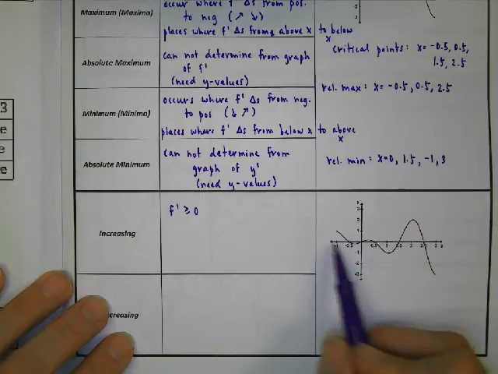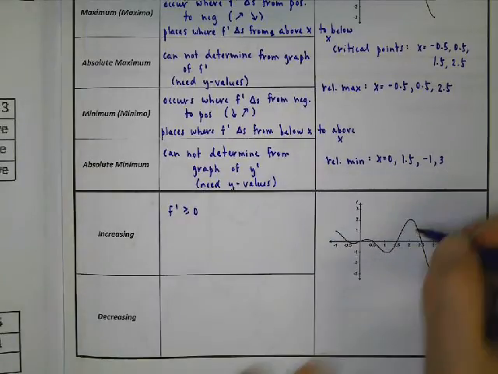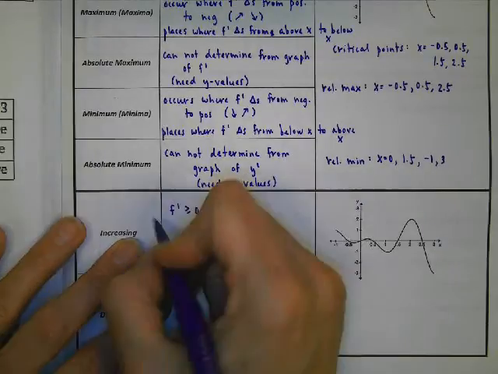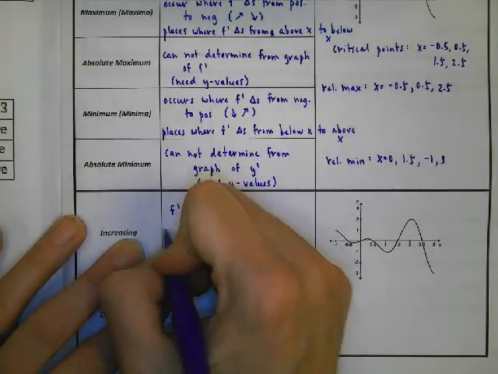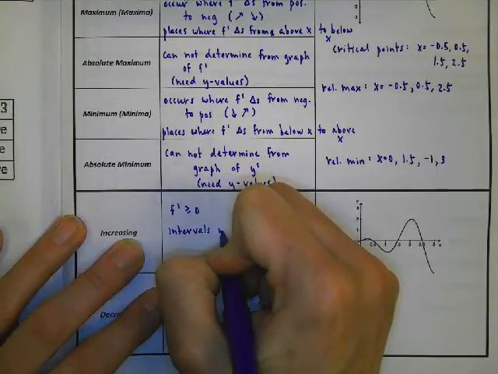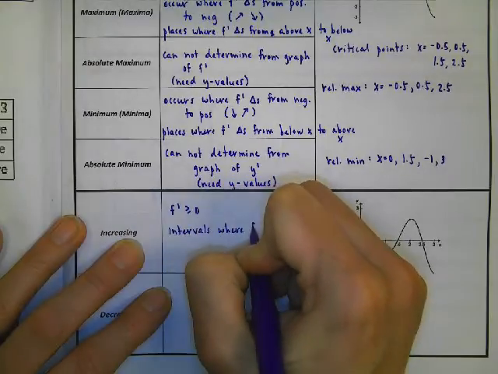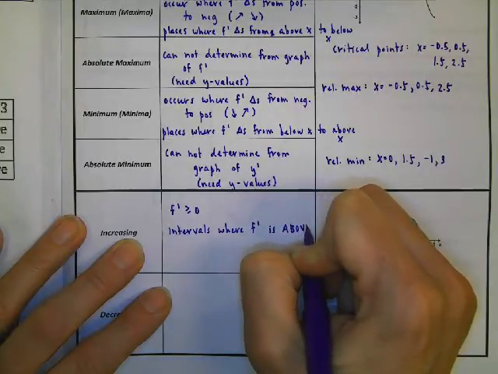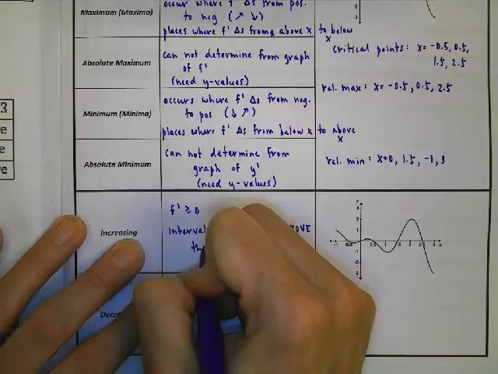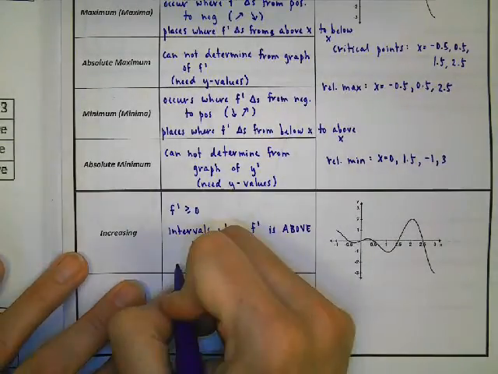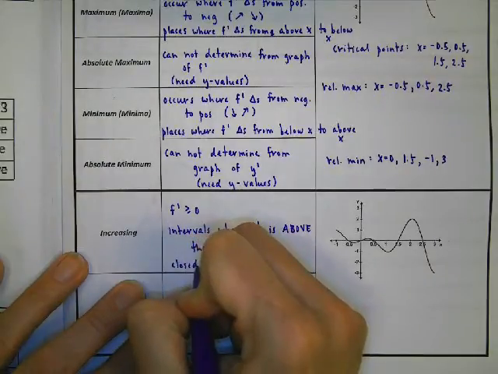And so now if this is my graph of f prime, I know I'm greater than 0 wherever I'm above the x-axis. So this is our intervals of increasing, our intervals where f prime is above the x-axis. And again, we know we have closed intervals.